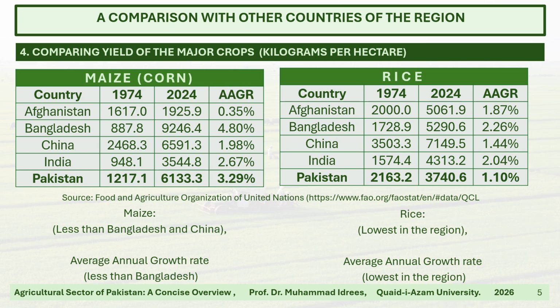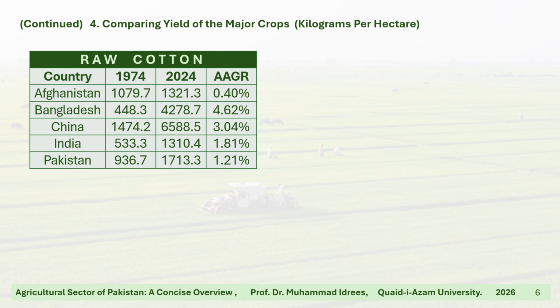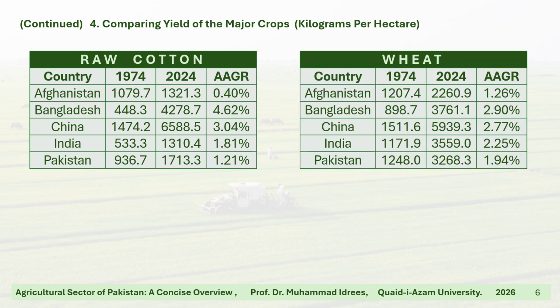From 1974 to 2024, during this period, the average annual increase in yield of rice is just 1.1, which is lowest in the region. Now we will discuss the same for raw cotton and wheat.